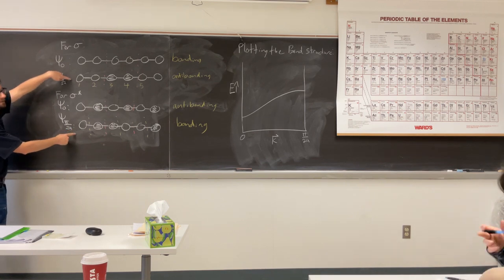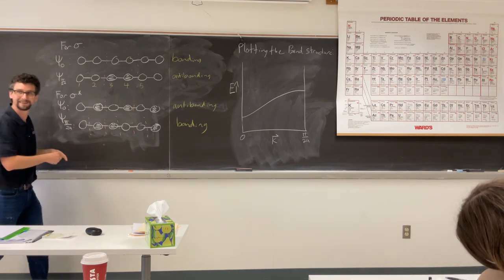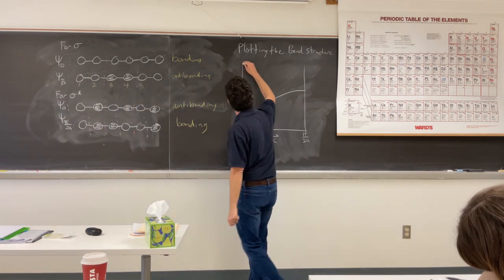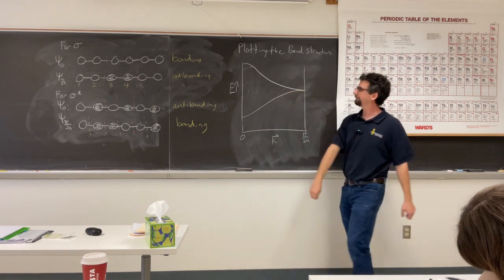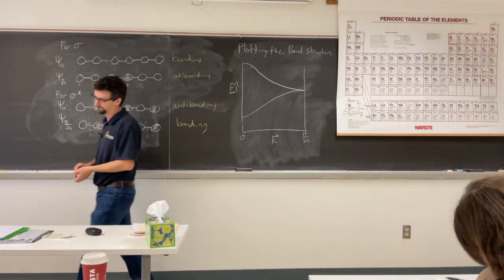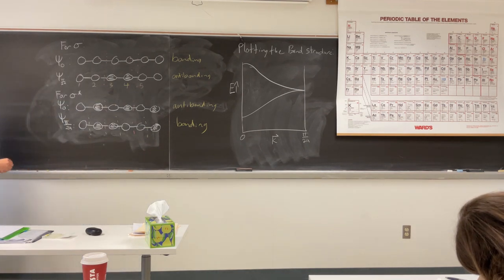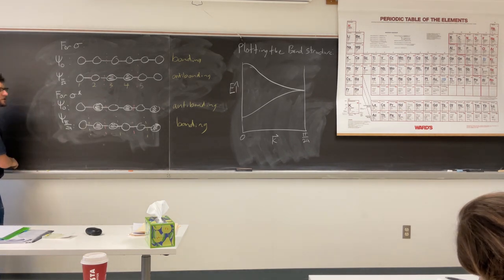These two are the exact same thing, just shifted by the unit cell. So now, what's this plot going to look like? There we go. It's a duck. Yeah, duck beak.